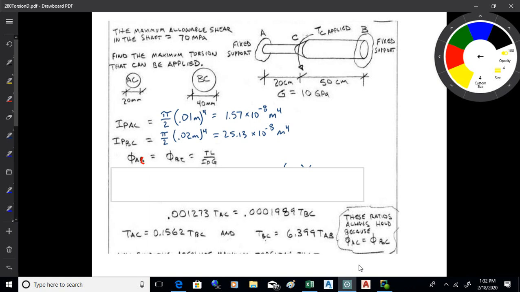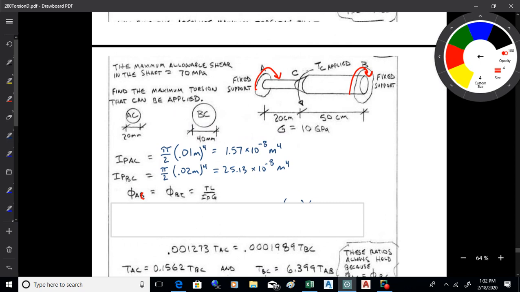So one relationship maybe I should have put on the top of this thing is that the reactive torsion at A plus the reactive torsion at B is whatever is applied at C. I mean, that's kind of the statics part, if you know what I mean.